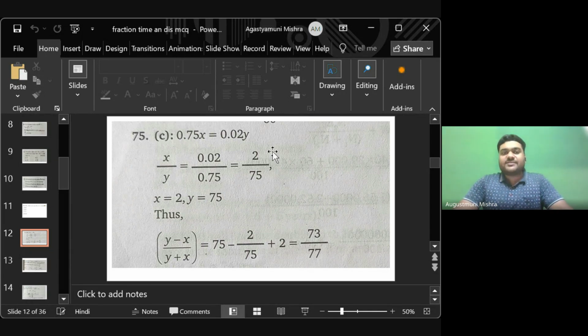That is for removing decimals. Then it will become 2 and 75. Then adjust those numbers in y minus x, y plus x. Then they will solve, and the answer will be clear.